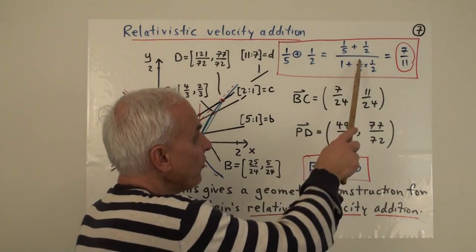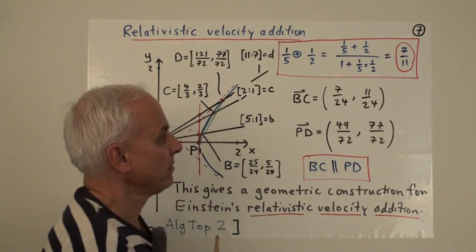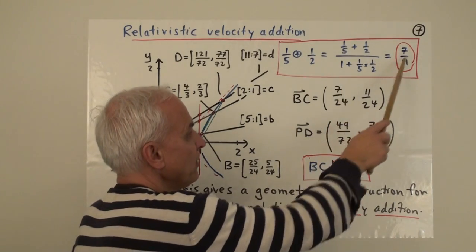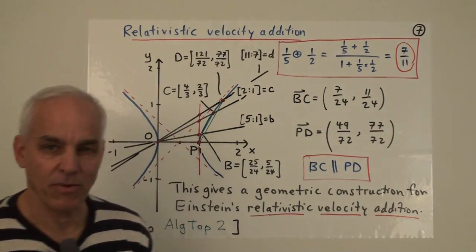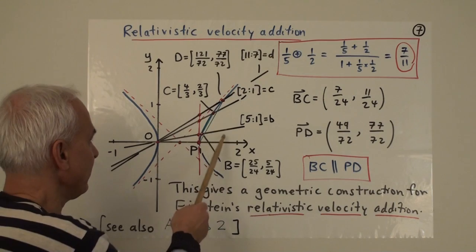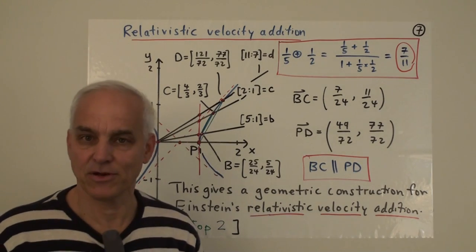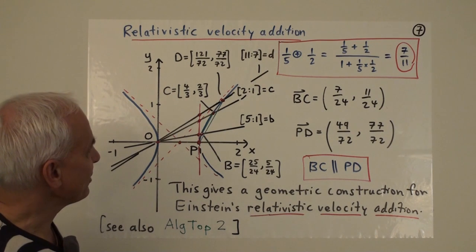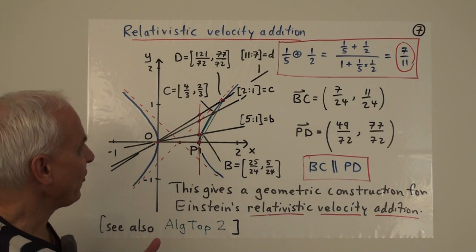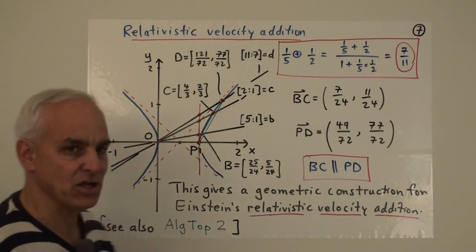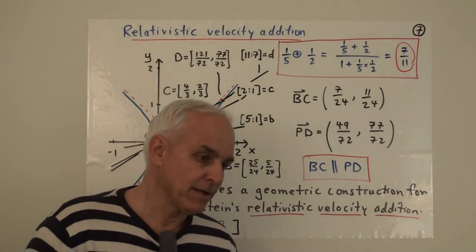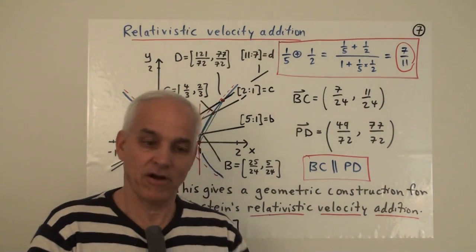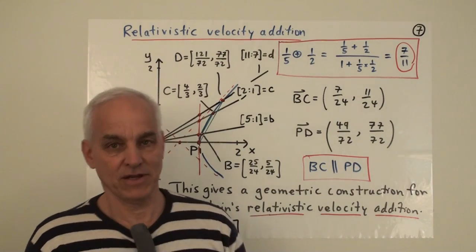So 1 plus 1/5 times 1/2. So this is altogether 7 over 11. It's a number that we've seen before because we've actually looked at these particular examples before. So what I want to show you now is sort of to illustrate how this relativistic velocity addition actually has a very pleasant geometrical interpretation, very much along the same lines of the kinds of things we've been talking about.